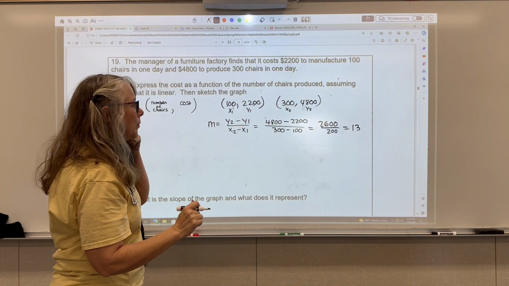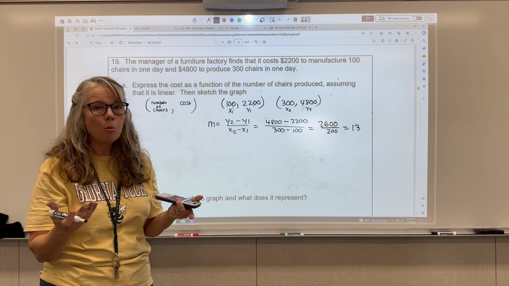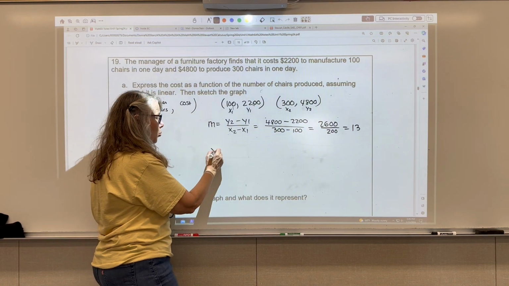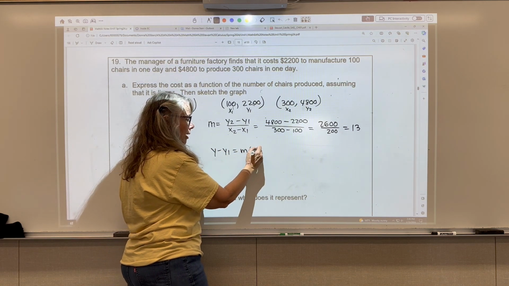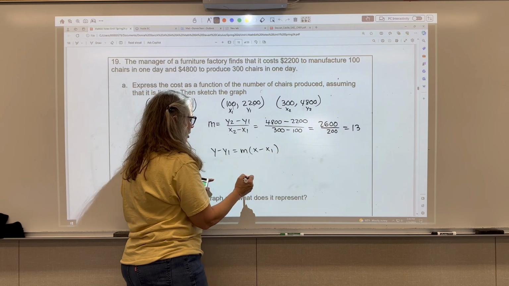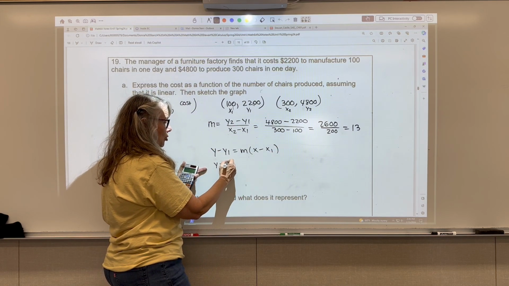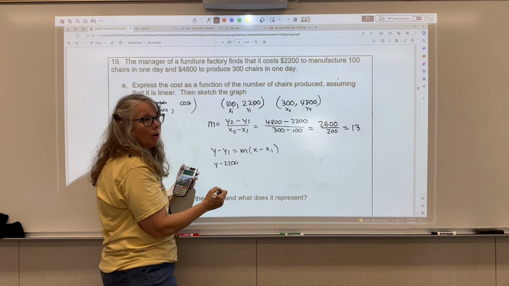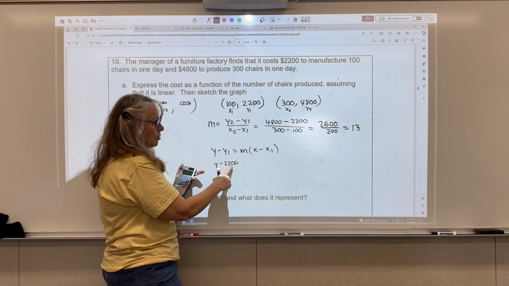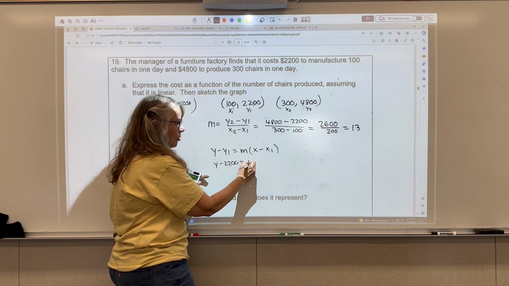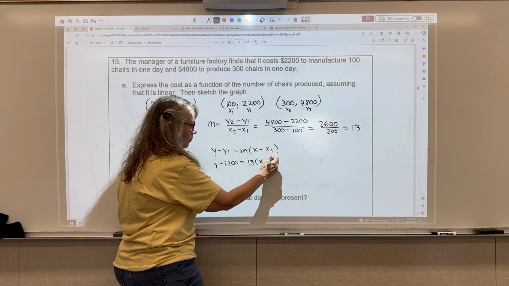And I have the point slope formula memorized as y minus y1 equals the slope times x minus x1. So my y1 is 2,200, so y minus 2,200. I don't know, I'm kind of tired. Equals 13, and then x minus x1 is 100.